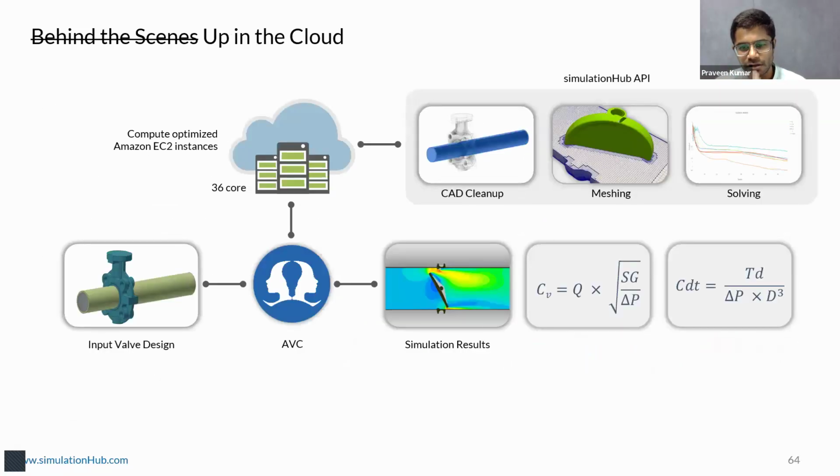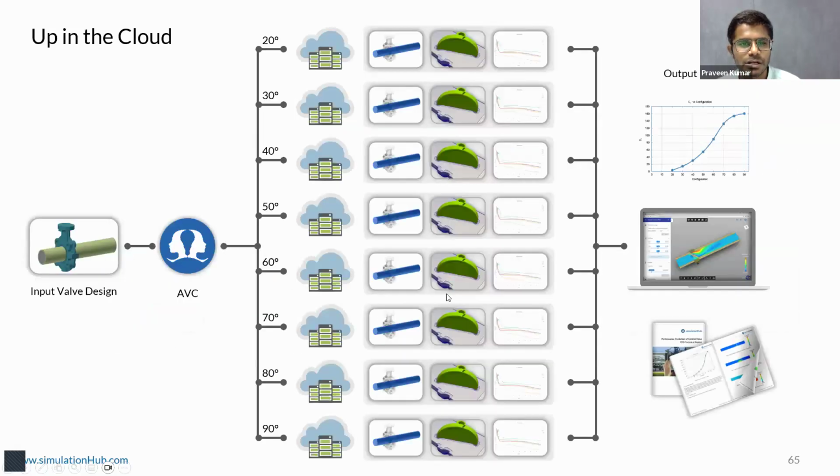Now all this process, CAD cleanup, meshing and solve, happens on the cloud. For every opening, a dedicated 36-core machine is assigned on an Amazon EC2 instance. The results are fetched and shown in your browser, and CV and CVT values are provided.